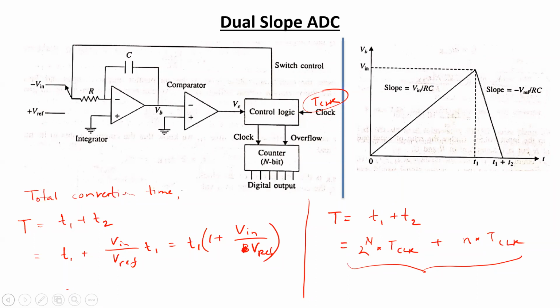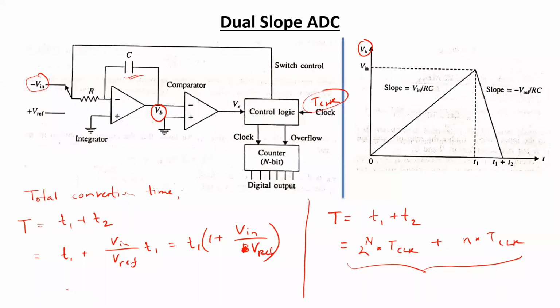No, because for example, this is your output voltage, V_o, that we have along the y-axis. When your integrator is integrating the input voltage, it is continuously having the supply of this input voltage, and depending upon the flow of current, this capacitor is getting charged, right?